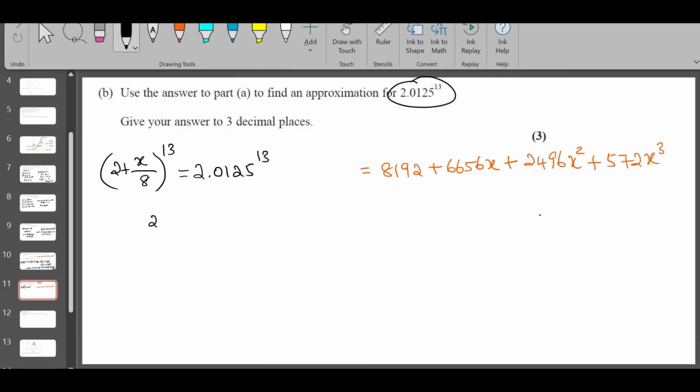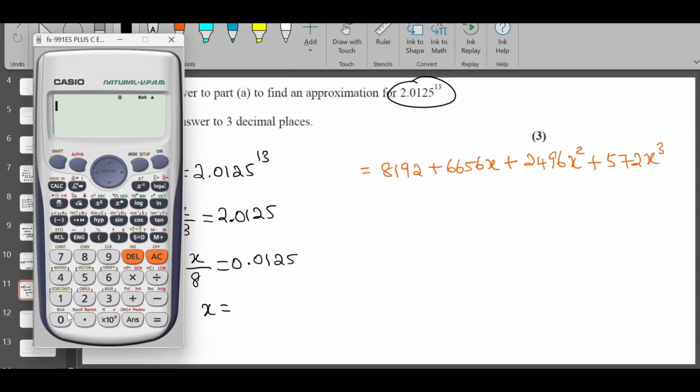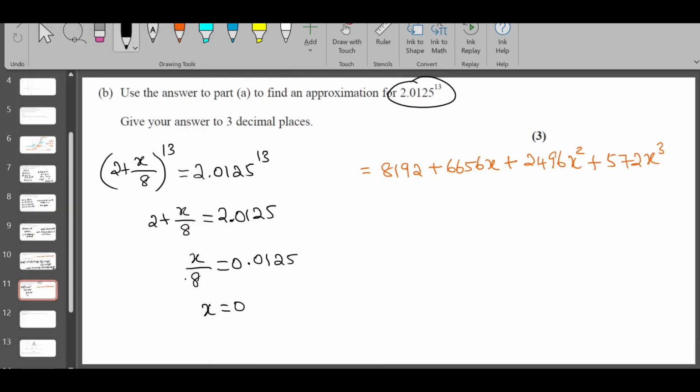Remove the power. 2 plus x over 8 is equal to 2.0125. Subtract 2 both sides. X over 8 is 0.0125. So x is 0.0125 times 8. You get 0.1.